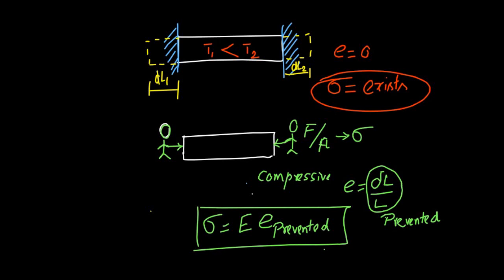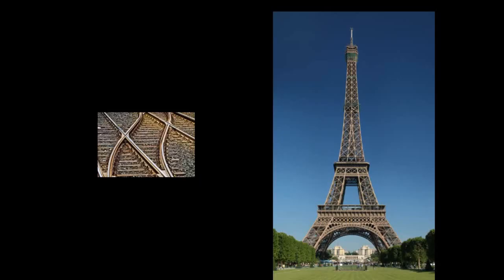If you look at these pictures, I have heard that the Eiffel Tower grows in its height during the summer season and contracts during the winter season. Now, is it a good idea allowing the Eiffel Tower to grow during the summer season and contract during the winter season?